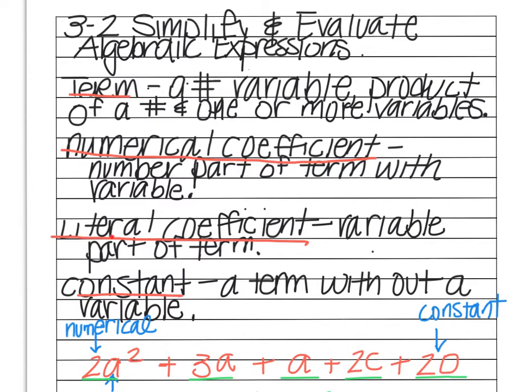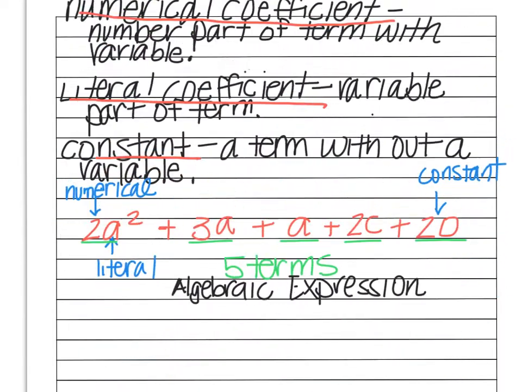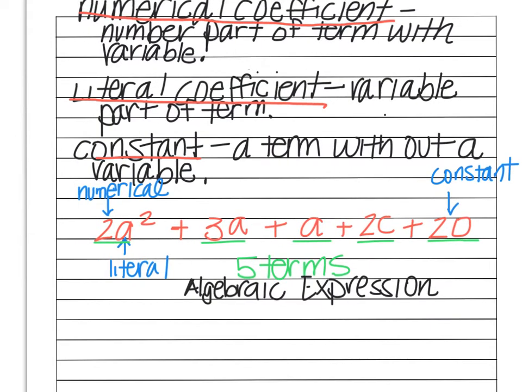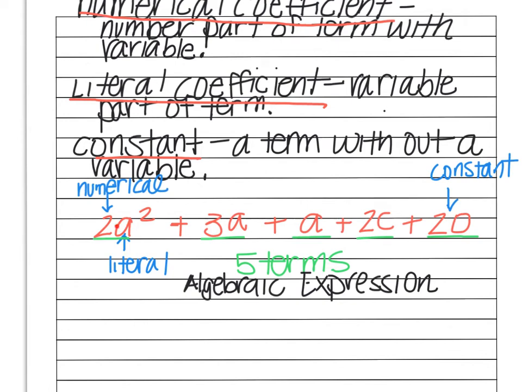Then you have something called the literal coefficient, and that's the variable part of the term. I'm going to move this up a little bit so you can see it. Right here we have our literal part, which is the a squared. That part is the literal part of the coefficient. The 2 is the numerical portion.